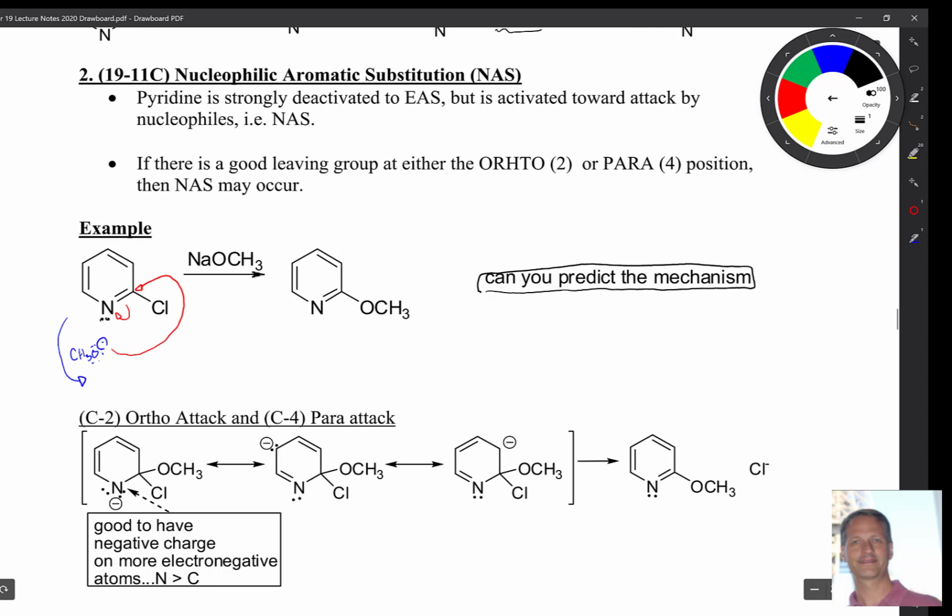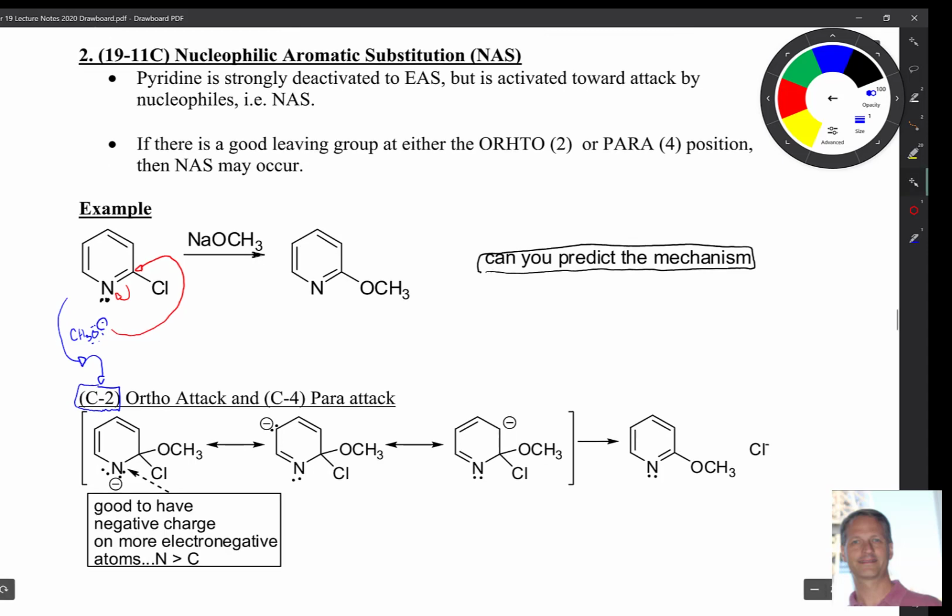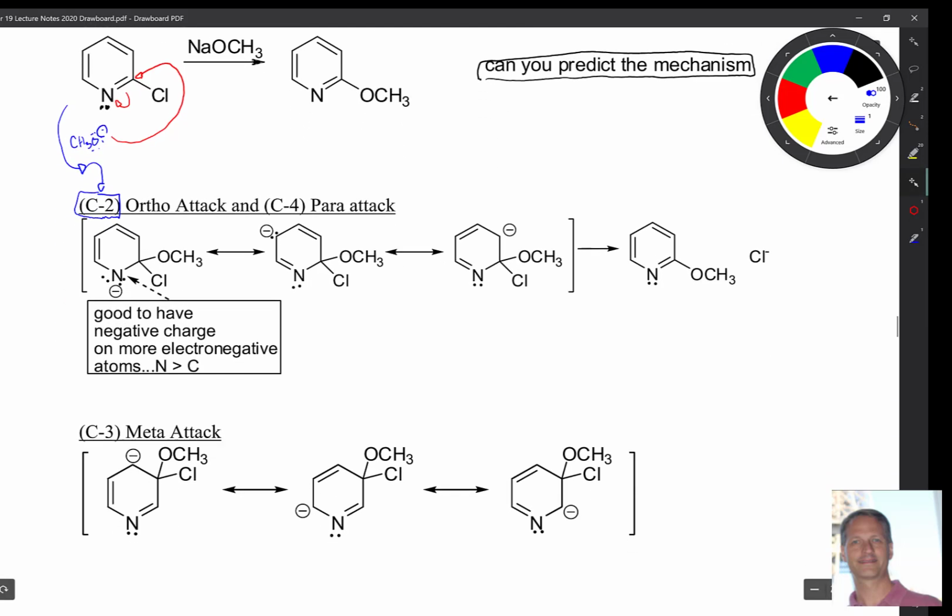We already start off with one, and now we're going to have two. That leads us down here below to what we see for this C2 addition, which is our intermediate resonance structure for this mechanism.